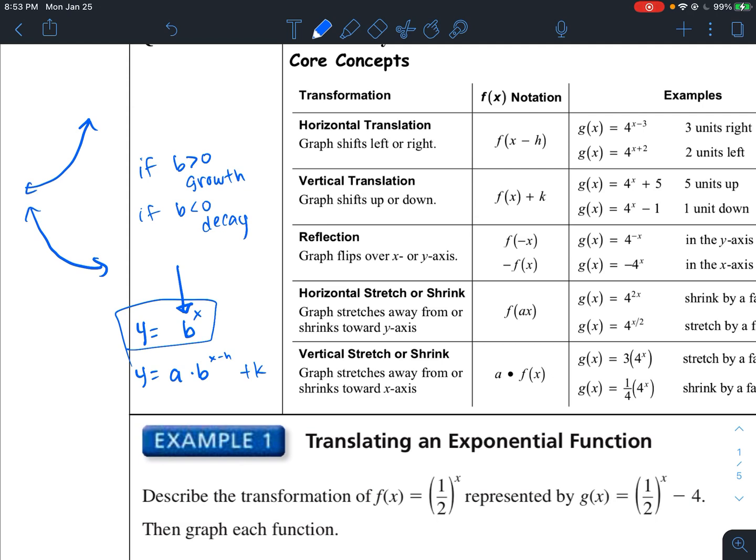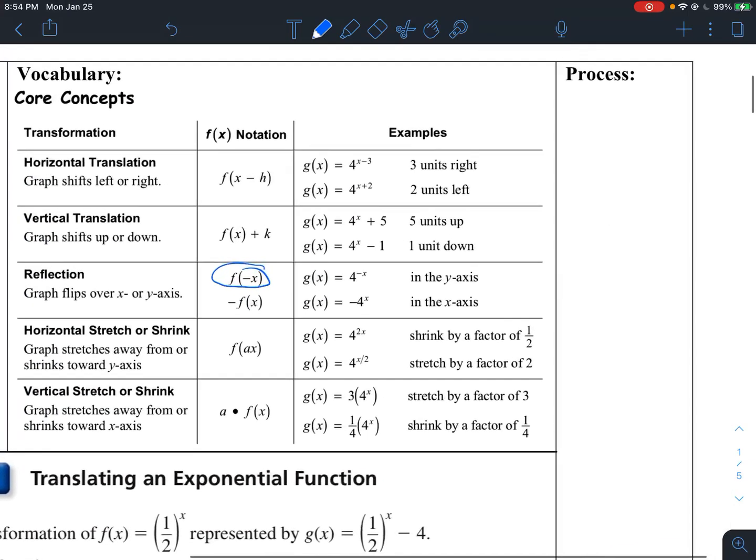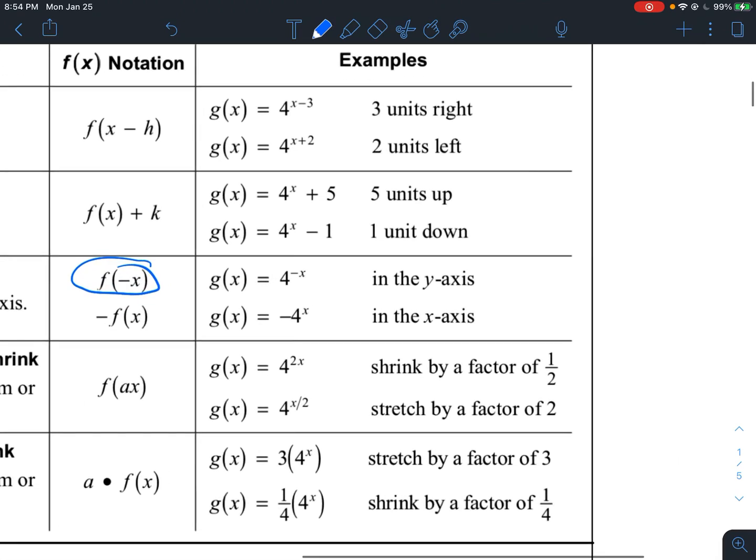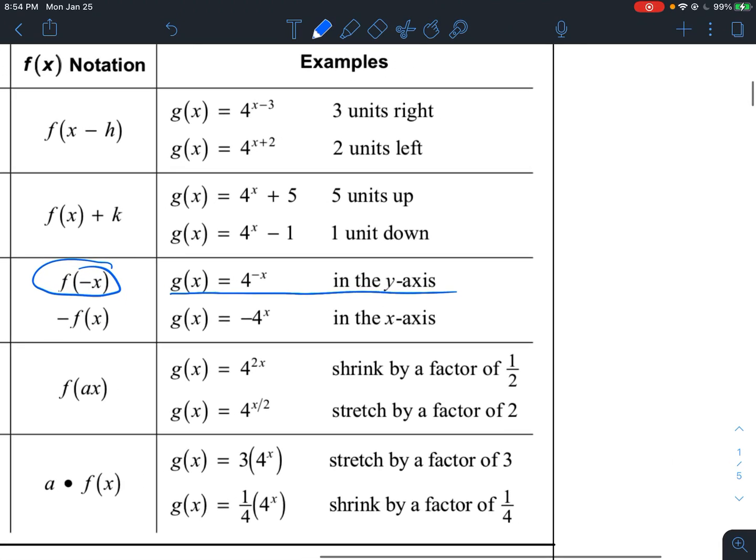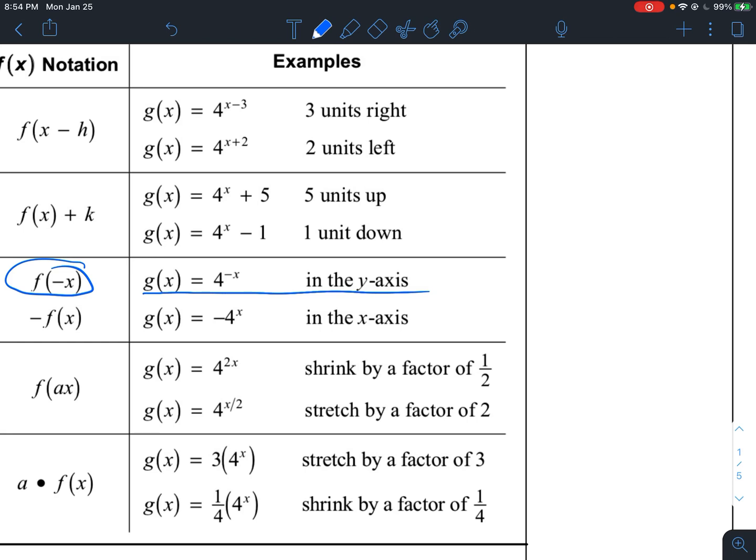But it might get confusing when we talk about horizontal reflections. So reflection right here, a reflection in the y-axis. So for this example, if we were to take 4 to the x, that will just look like this right here. This is something like 4 to the x power.